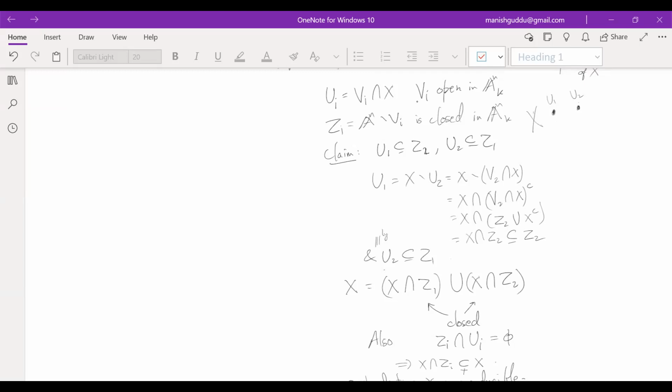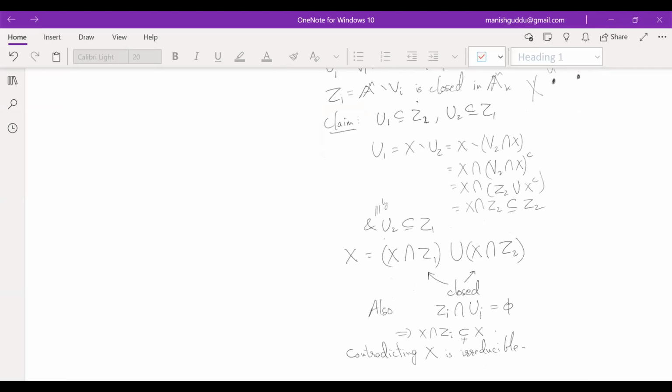So we can write it as a union of two proper closed subsets. We just have to check that both of them are proper subsets of X, meaning X intersection Z1 is properly contained in X, and X intersection Z2 is properly contained in X, and then we are good.